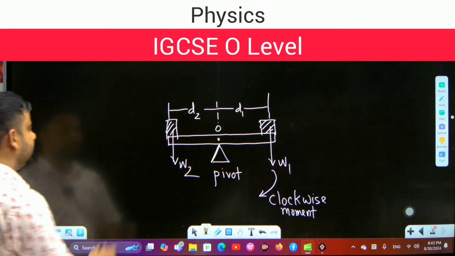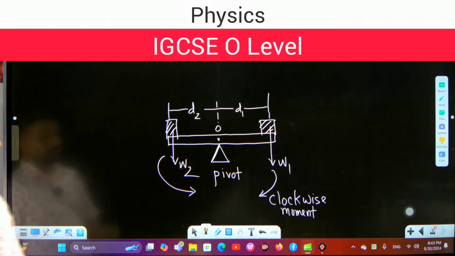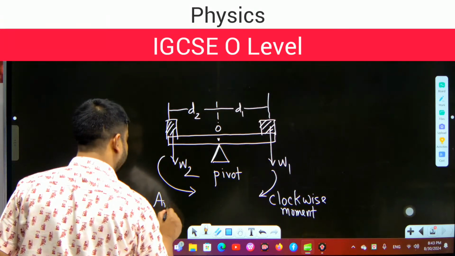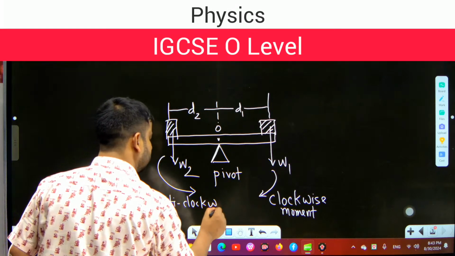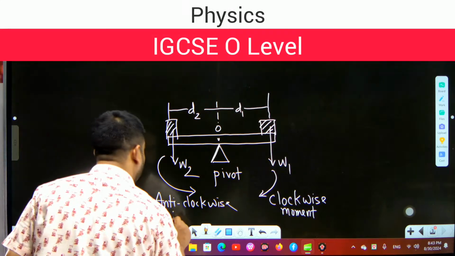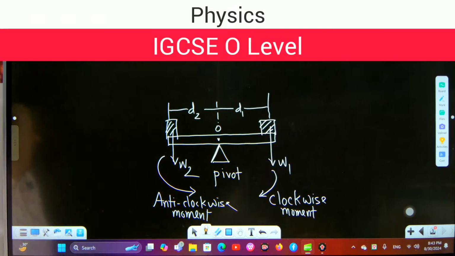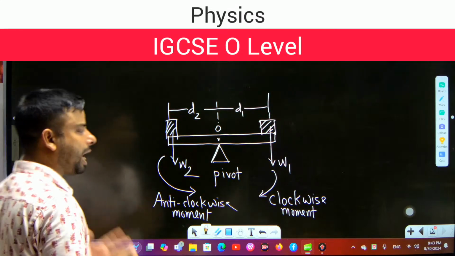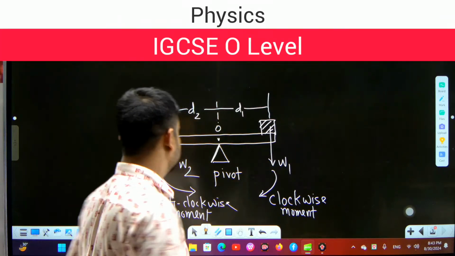W2 produces anti-clockwise rotation tendency, so anti-clockwise moment. So there are two types of moment. One is clockwise, another is anti-clockwise.